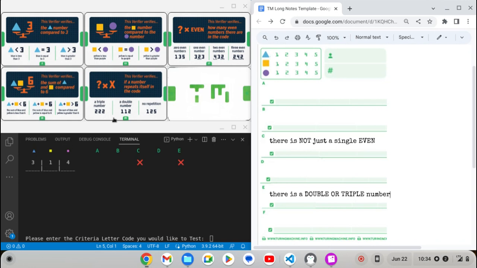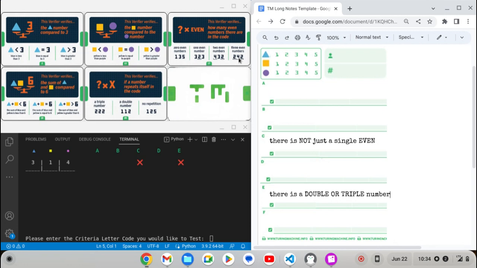Let me see if there's anything in our clues above. So let's see. I guess you could almost argue that if there were a triple number, then, well, no, you couldn't say that. I was going to say that they have to be all even, and that's not true.